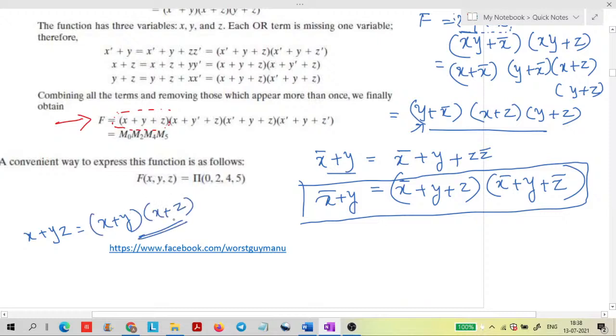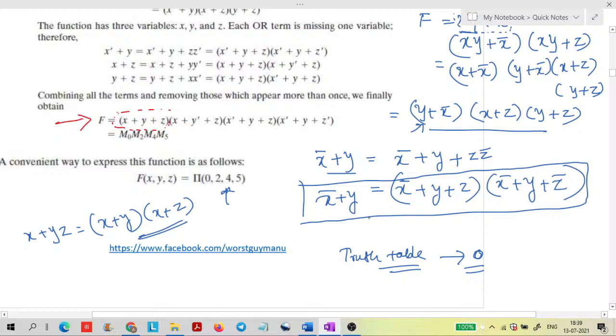This law will be helpful for creating the product of sum terms. In a truth table for product of sum, if the output is 0, then we will consider those terms.